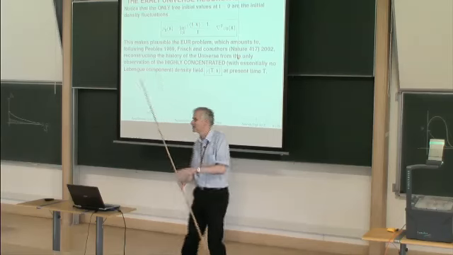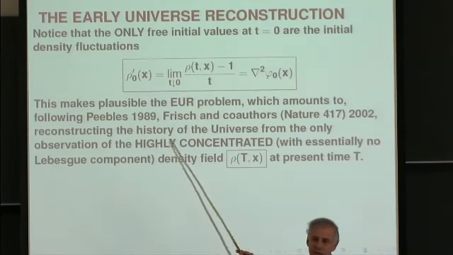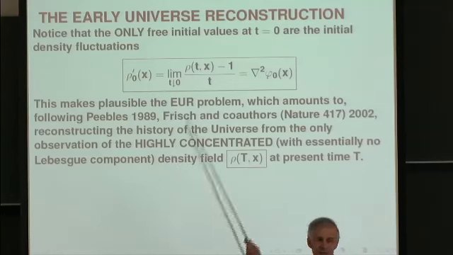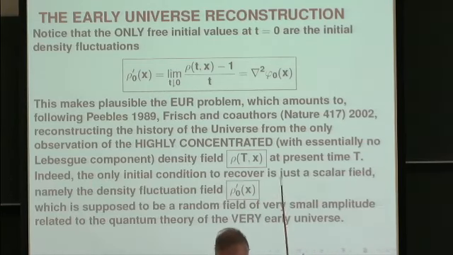For the classical gravitation, this would be irrelevant because you cannot expect from the only density field to recover the full initial condition. So that's the idea of these people.